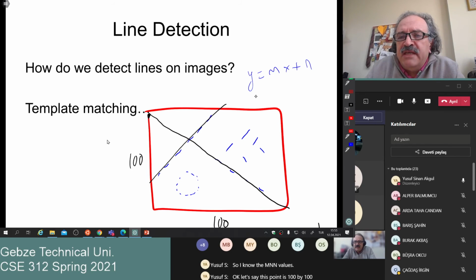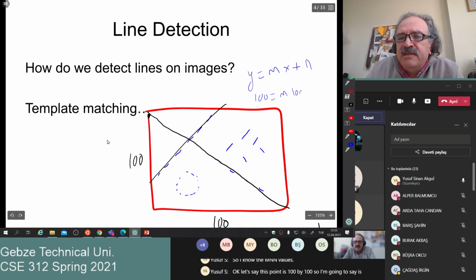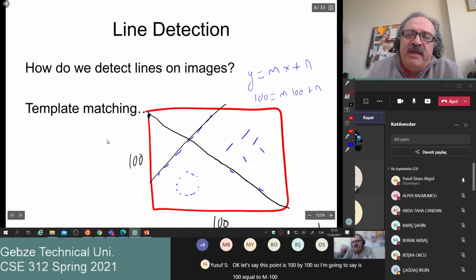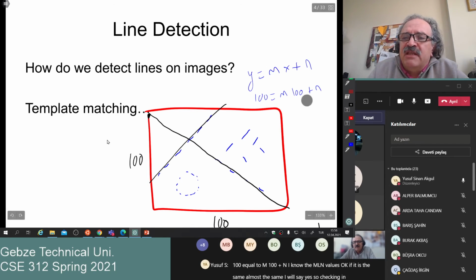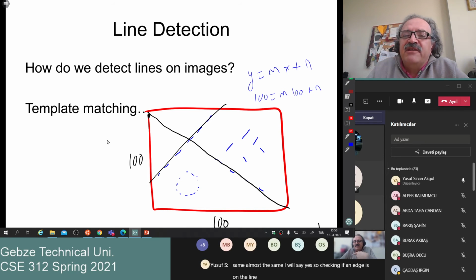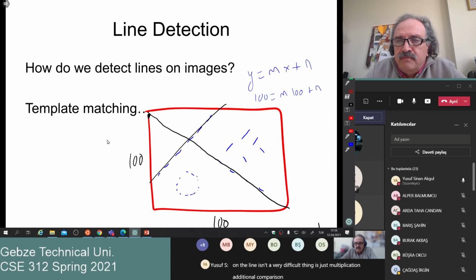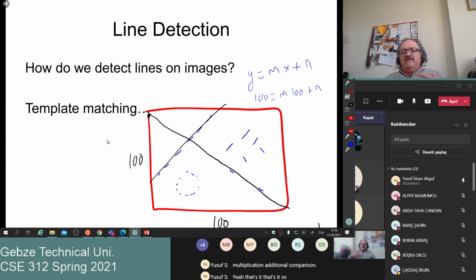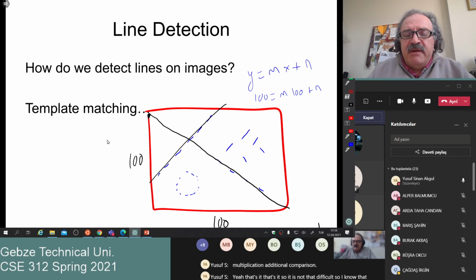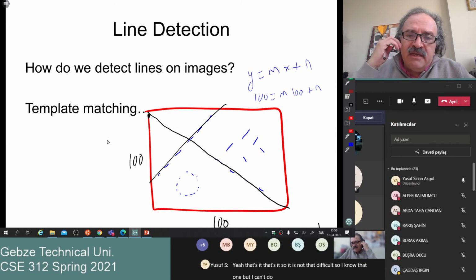So I am going to say, is 100 equal to m times 100 plus n? I know the m and n values. If it is almost the same, I will say yes. So checking if an edge is on the line isn't a very difficult thing. It's just multiplication, addition, and comparison. That's it. So I know that one. But I can do much better than that.